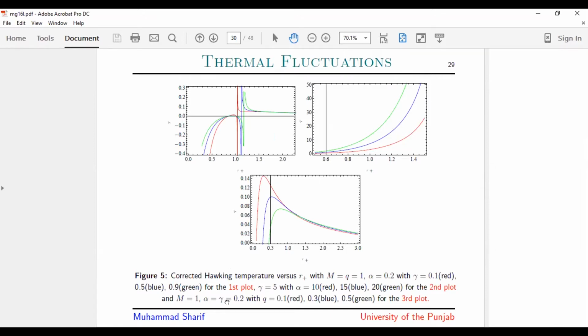And we see from the first graph that it gives a divergence point at two places, and it is negative before that and it is positive after that. But in the second graph it provides increasing behavior. In the third graph it first increases and then decreases, but it also gives a divergence point.